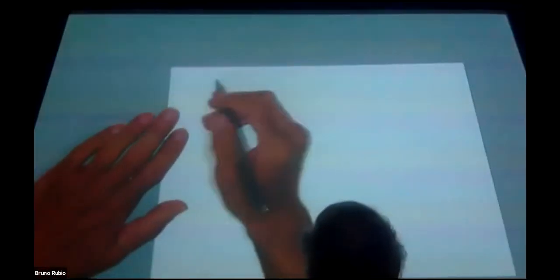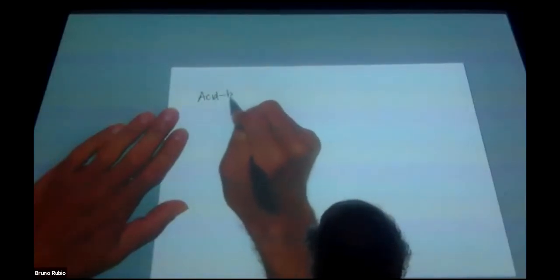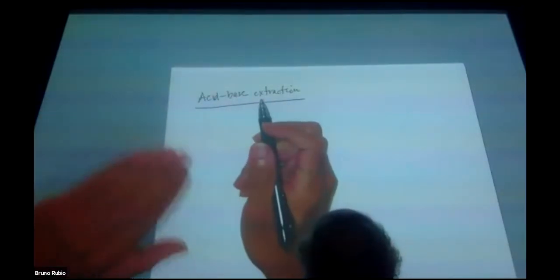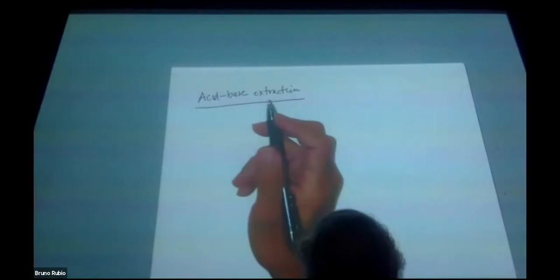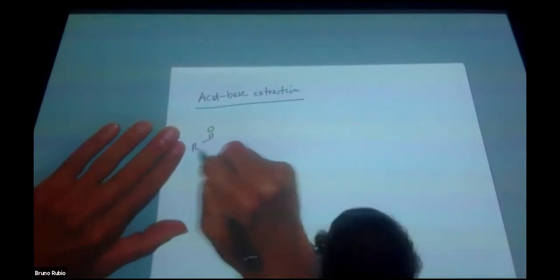Okay, some fancier kinds of extraction would be something like acid-base extraction. So this is like a fancier version of extraction, acid-base extraction. Here you would have some kind of acidic impurity, let's say, or some kind of acidic substance, let's say a carboxylic acid.